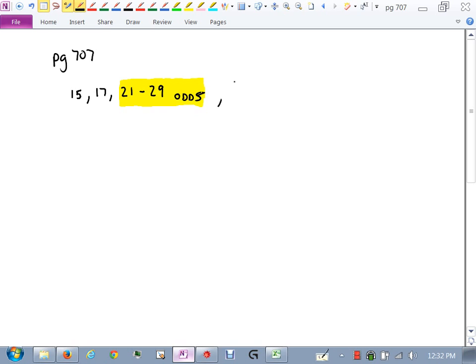I think that 37, oh wait, no, not 37, 43 through 47 odd are also good. Those problems, it says evaluate the integral by reversing the order of integration.